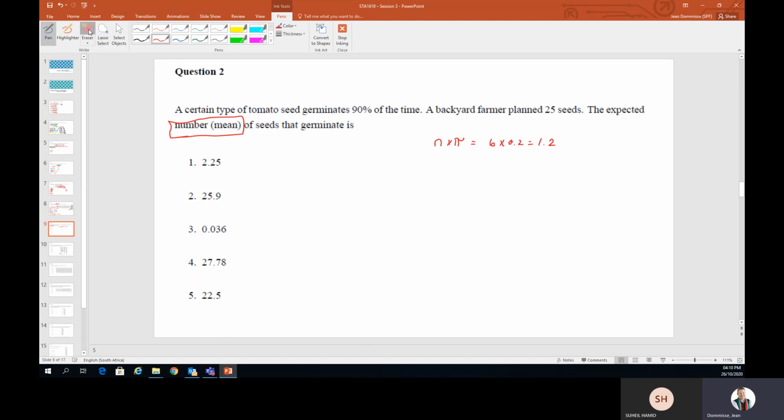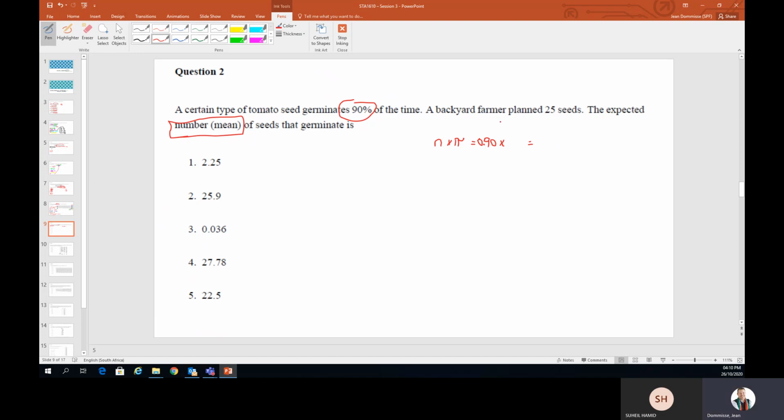So n times pi. Let's just see what is all the new values. Okay, so a certain type of tomato seed germinates 90% of the time. So it's 90% or 0.9.